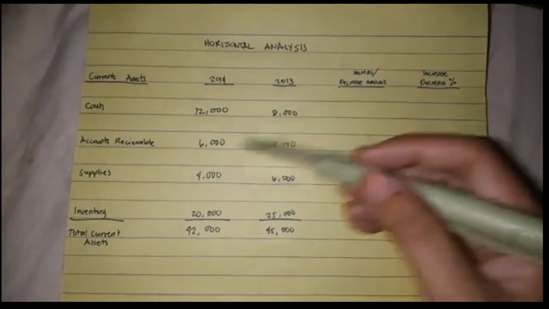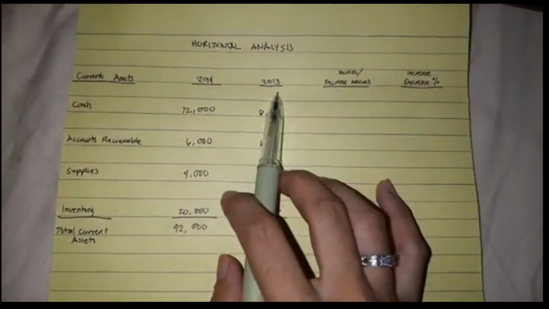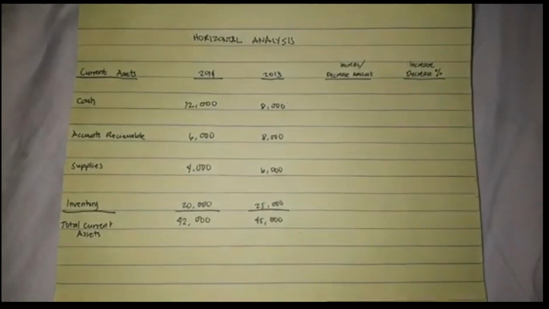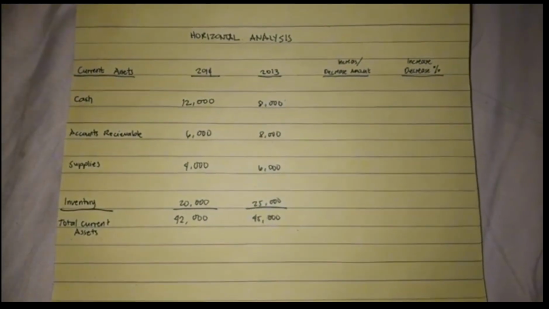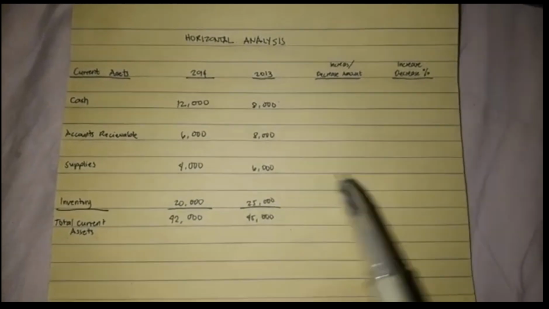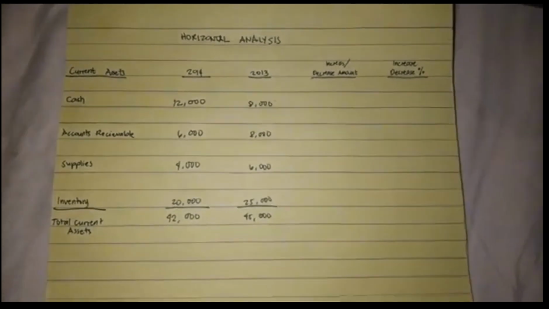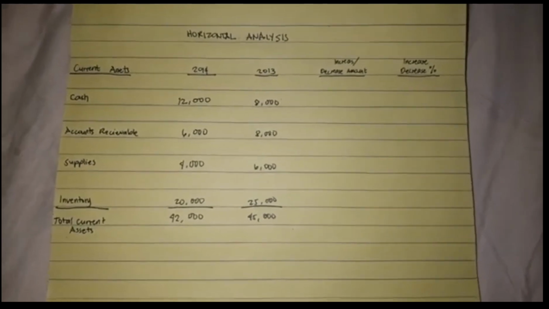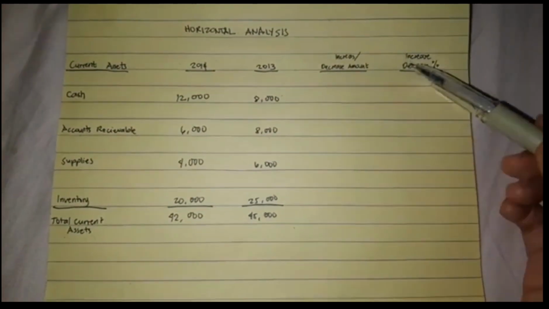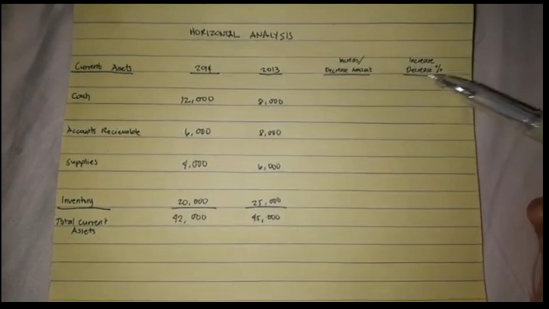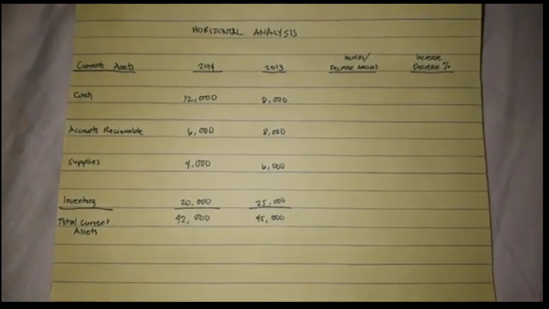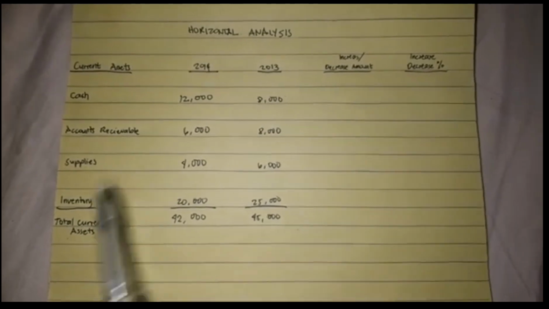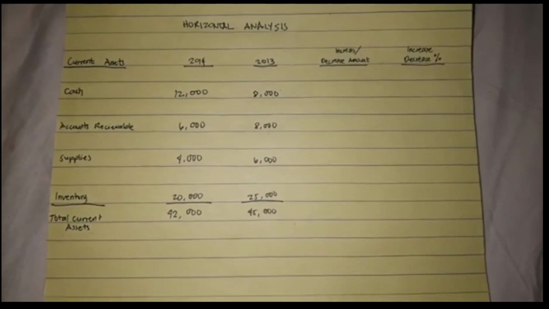There are 2013 values and my 2014 values. There's been a change in those values, each of these has had a decrease or an increase, and we'll figure out what those are, and then we'll figure out the percent of change.